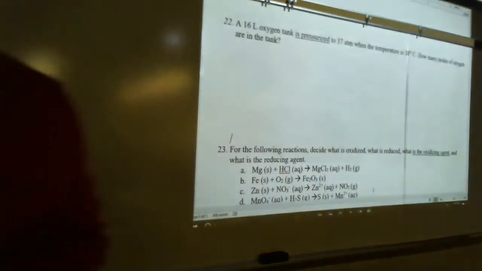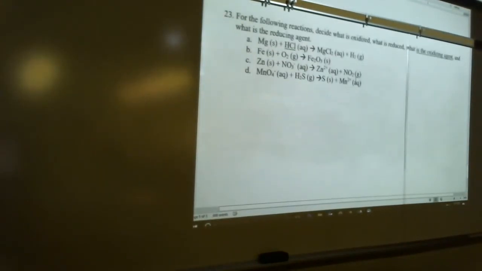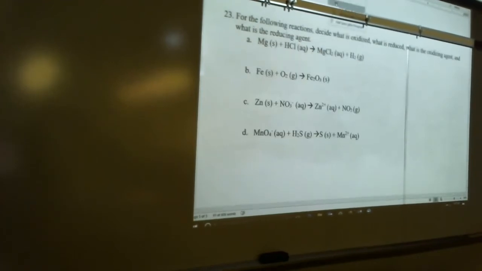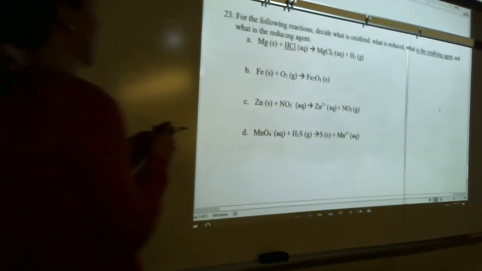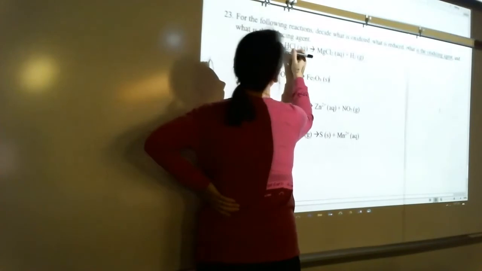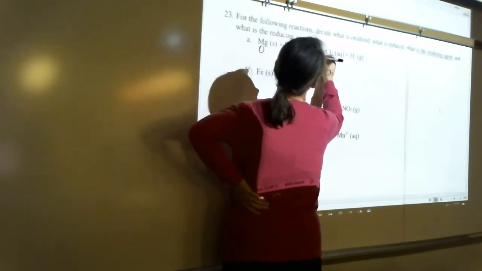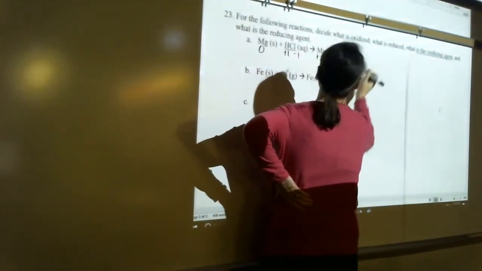I'm just going to bang through these real quick because we've reviewed redox a lot lately. On Wednesday, we reviewed it a good bit. All right, so I'm just going to go through these real quick. 0, plus 1, minus 1, plus 2, minus 1, 0.